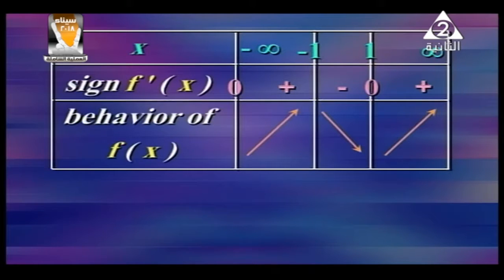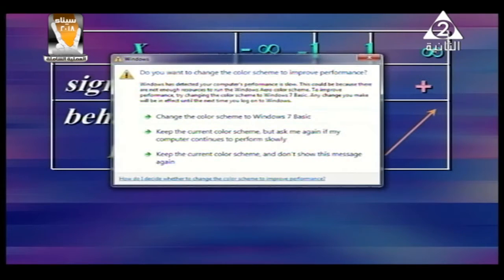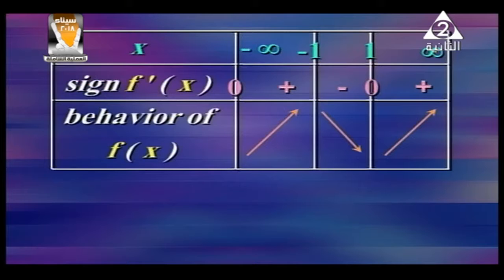Then the second interval, from negative 1 to 1: the sign of f dash is negative. In this case, we say the behavior of the function is decreasing from negative 1 to 1. From 1 to infinity, the behavior of the function is increasing.